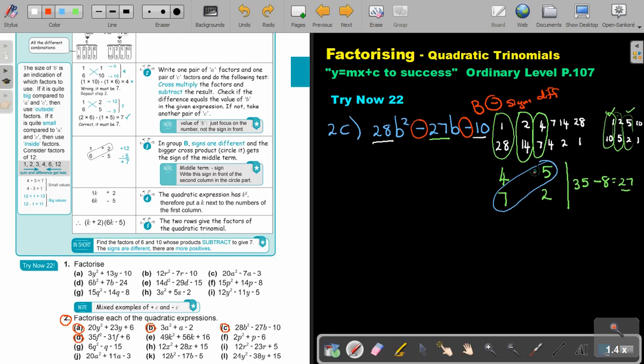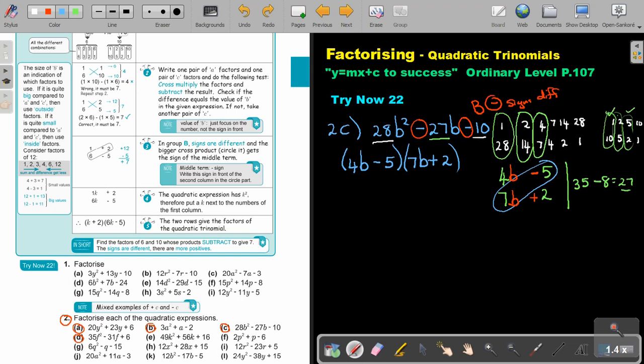And what is the sign? Negative. If this is negative, this will be positive. And if this is b squared, then this will be b. And then it will be 4b minus 5, 7b plus 2. And that will be my final answer.